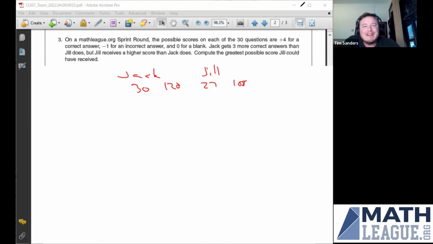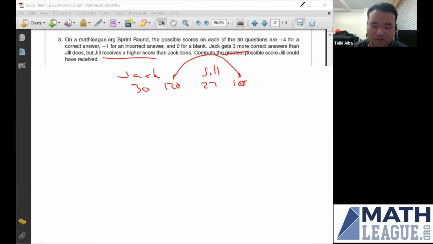Because if Jack is getting 3 more correct, then just based on the correct answers, we're looking at a 12-point differential. But if Jill's going to get a higher score, what does that mean for us? That means Jill has to have 13 more based on the other 2 options.